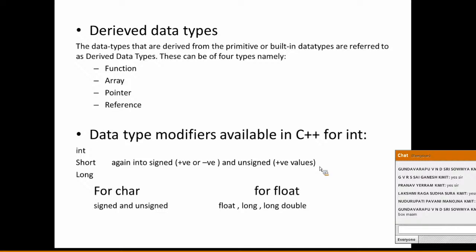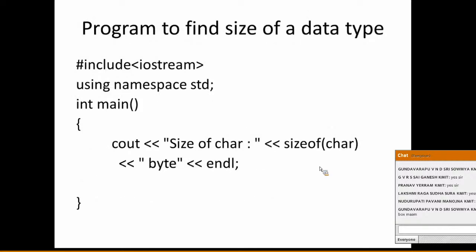If you want to store small values, you go with float. Based on the compiler, float would take 4, long would take 8, all that stuff. Integer, I think 2 or 4 bytes. Short will take 1 byte. Based on the compiler, you can write a program to see the sizes of different data types.